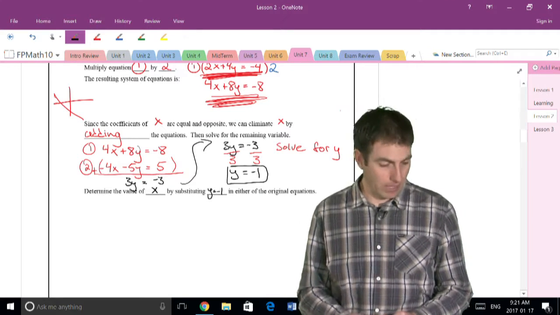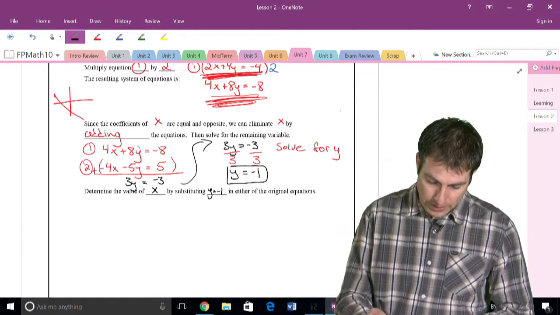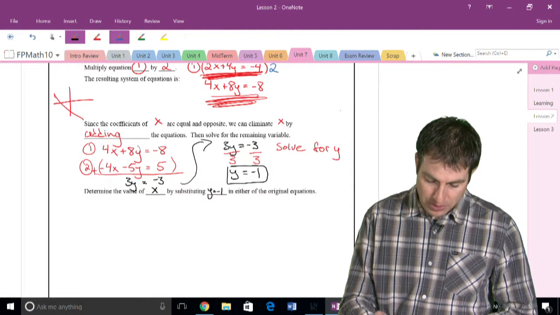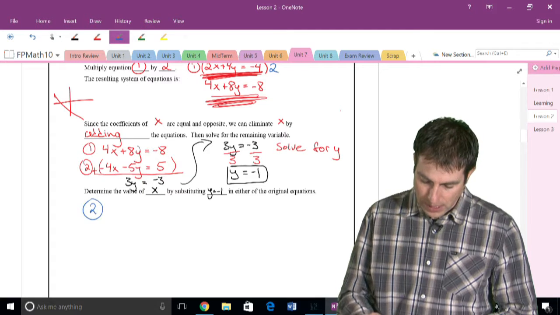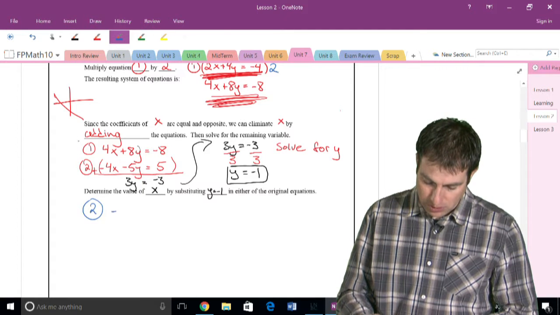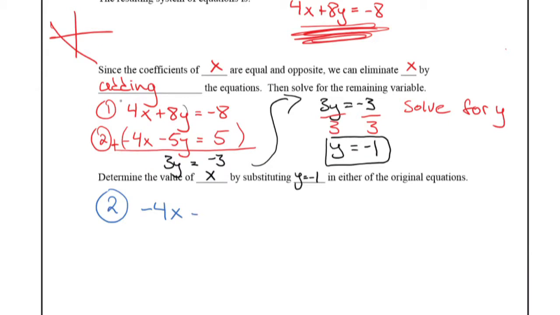Now, I'm going to pick equation number 2 because I haven't done anything to equation number 2. It's just as good a reason as any. I know that y is negative 1, so I'm going to substitute y is negative 1 in here.